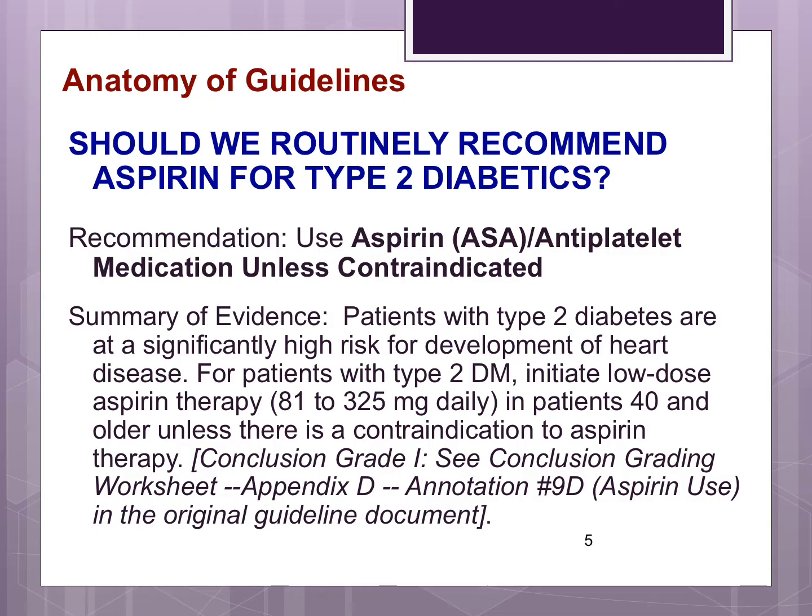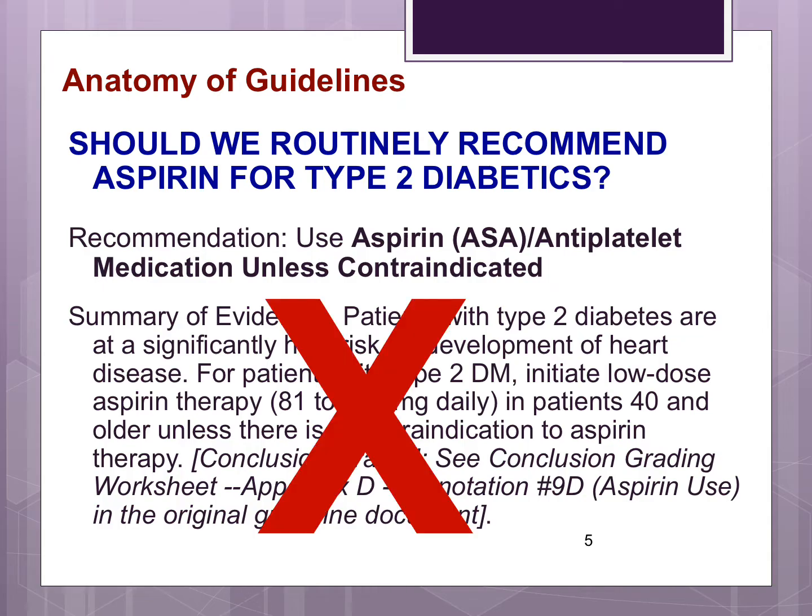The summary of evidence, because of several randomized controlled trials, was that if you initiate low-dose aspirin of around 80 to 325 milligrams among persons 40 years old and older, this should be able to prevent heart disease among persons who are already at high risk for developing it. So let's say older diabetics, more than 40, established diabetes already: give it routinely.